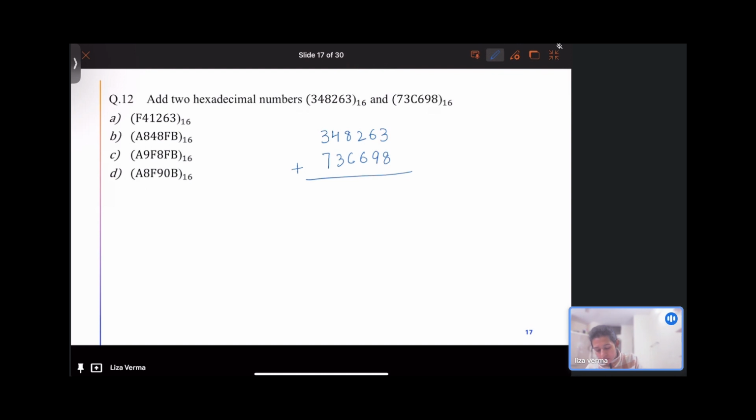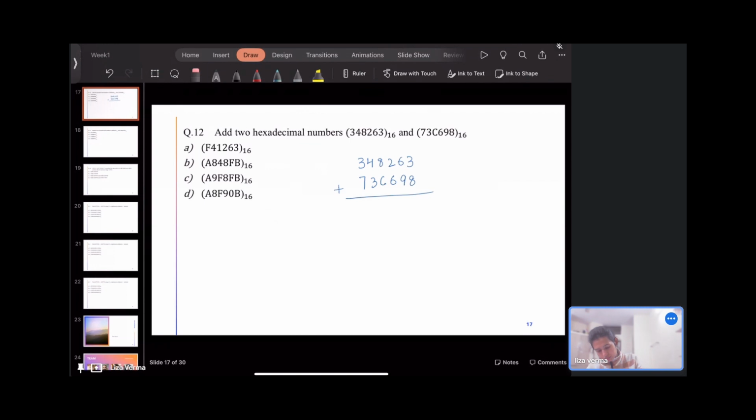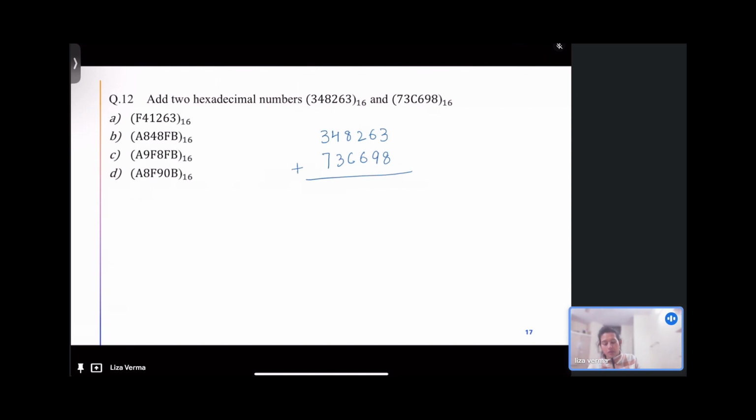So remember that these numbers are in the hexadecimal number system. 8 plus 3 is 11 and 11 is B. So we'll write it as B. 6 plus 9 is 15, or in hexadecimal it is F.